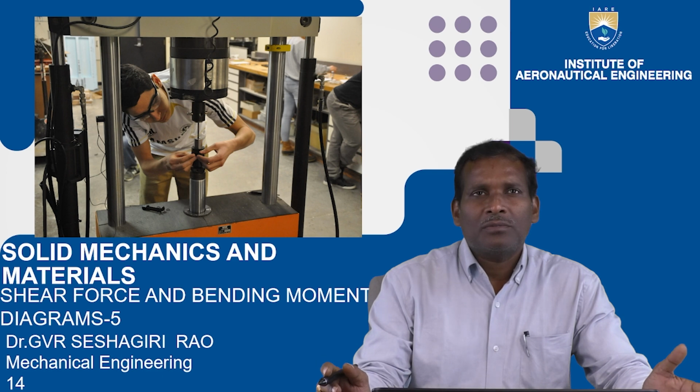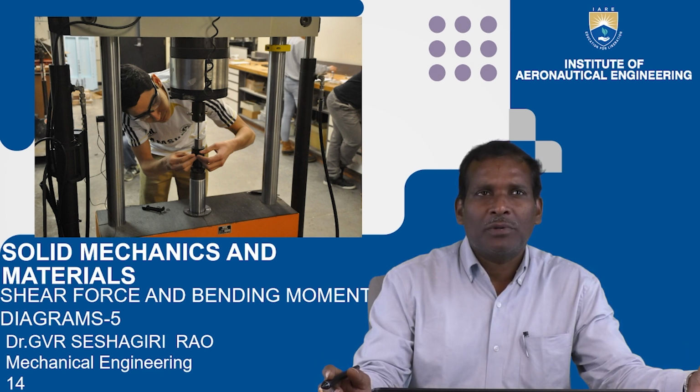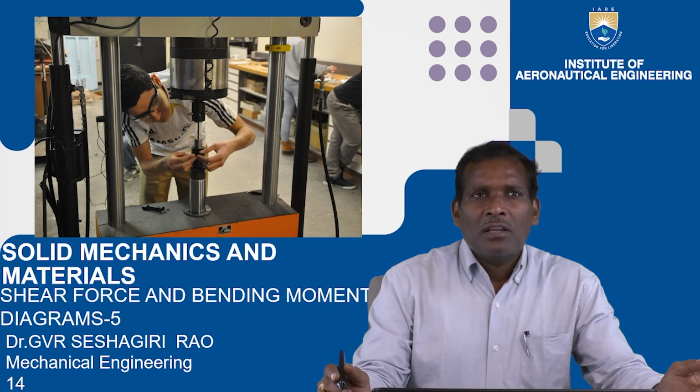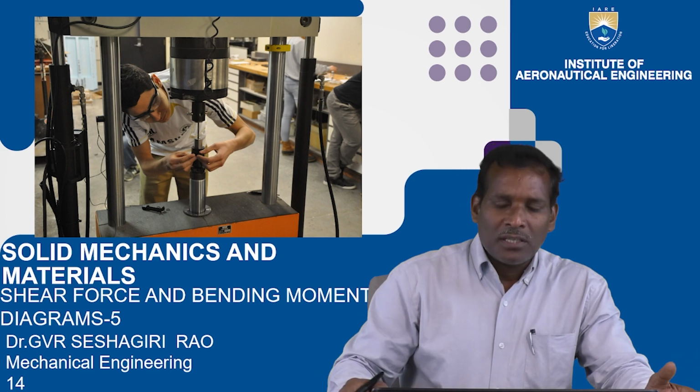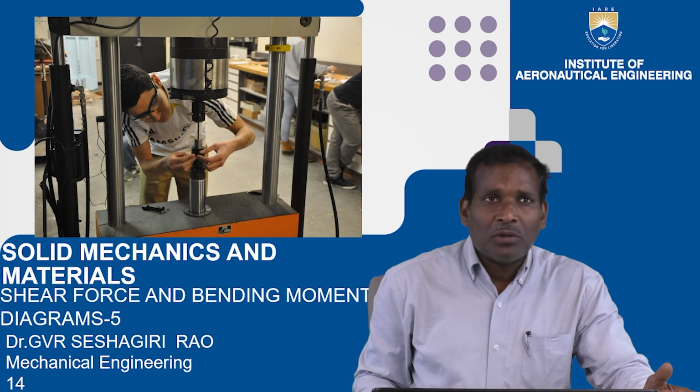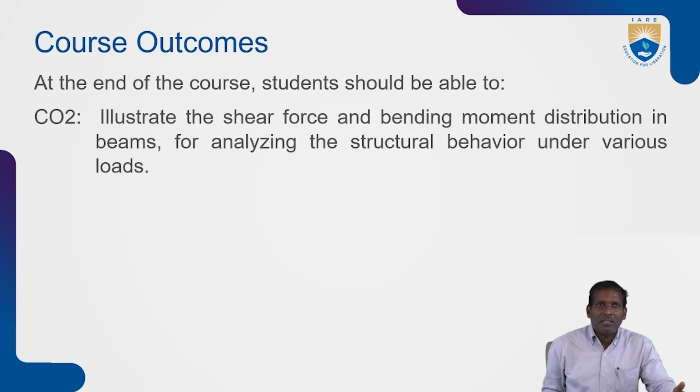We also discussed the shear force and bending moment diagram for UDL with point load. In this session, we will see some more beams, and also the relation between shear force and bending moment.